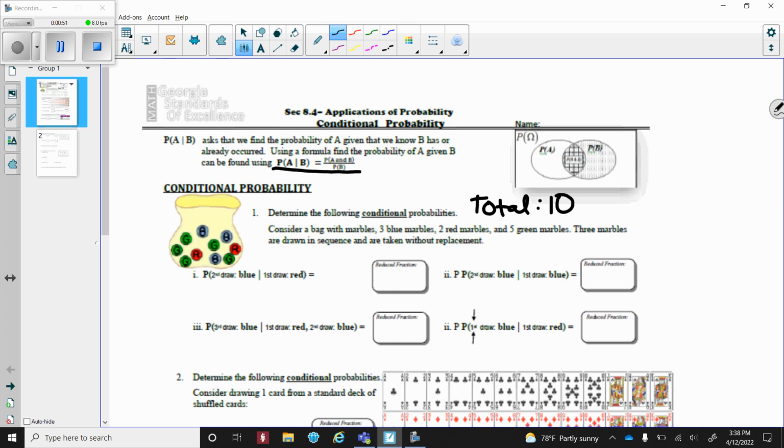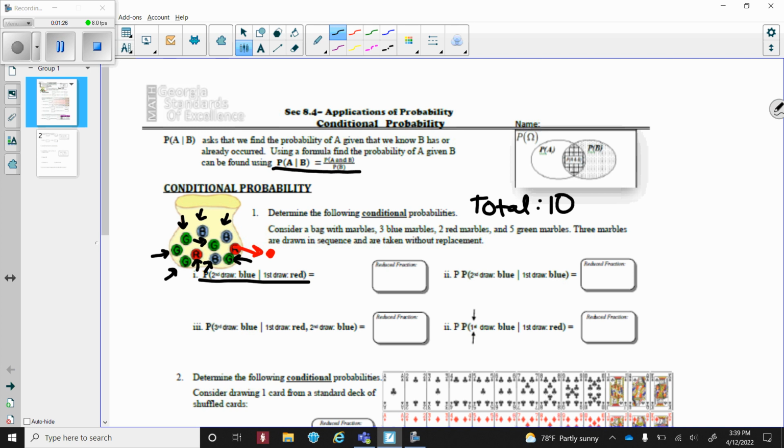If you look at subsection 1, it says the probability that my second draw is blue given my first draw is red. Now, if your first draw was red, that means one of these reds comes out of the bag. It's no longer in there. What we're left with is 1, 2, 3, 4, 5, 6, 7, 8, 9 marbles.